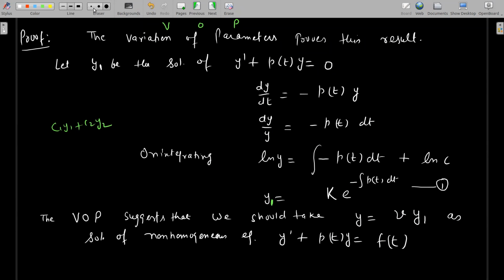Here also a constant is coming. In other words, you got a constant, replace this constant with some parameter. So assume that the solution of the non-homogeneous equation is obtained by replacing the constant with a function. Precisely, you can write, say this is y, and say this is k times y1.